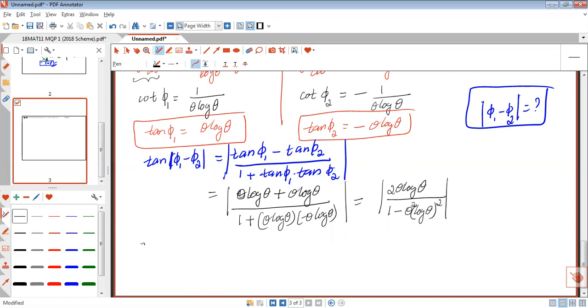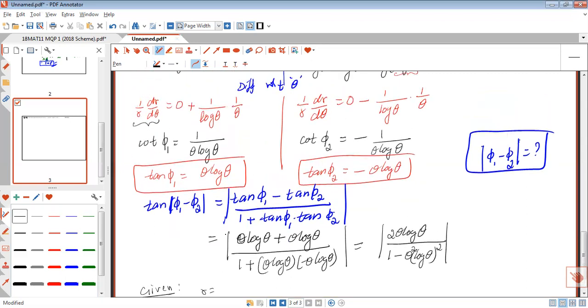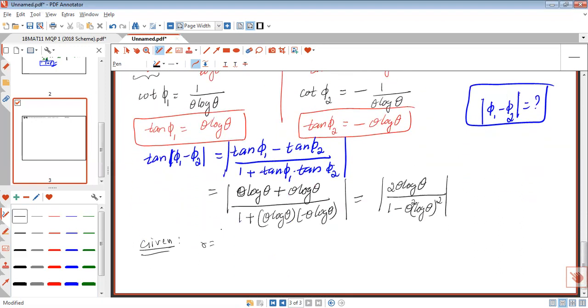Now given curves r is equal to a into log theta, and r is equal to a divided by log theta. I want to find the value of log theta. So a log theta is equal to a divided by log theta from the second curve, so a gets cancelled here.